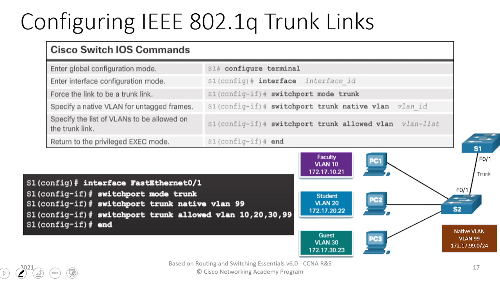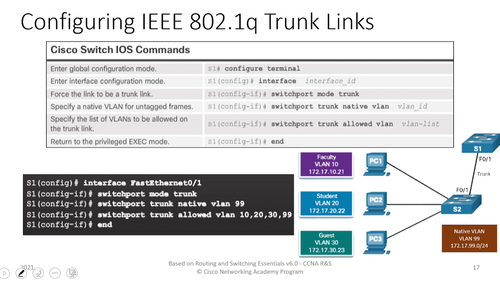So the first thing we have to do is make that interface a trunk port. Instead of making them access interfaces, as we normally do when configuring, now we are changing the mode to trunk mode. And then within the trunk, we can specify the native VLAN. So we specify VLAN 99 as the native VLAN in this case.